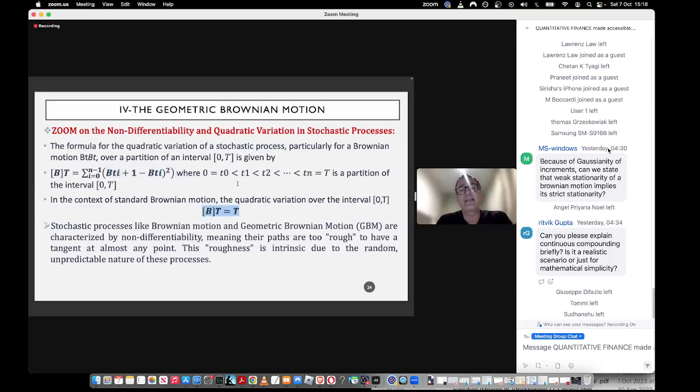Since it's not differentiable, since it's rough everywhere, on every time scale, you have to consider that the more time passes, the more roughness you accumulate. And it's what quadratic variation means. Volatility would not capture this accumulation, because here you have a summation.